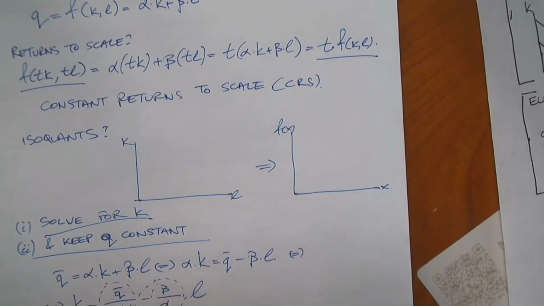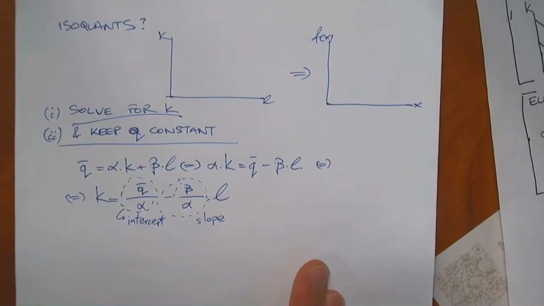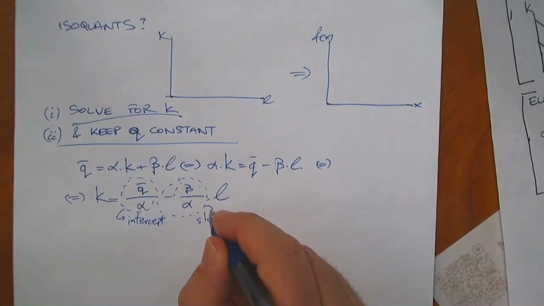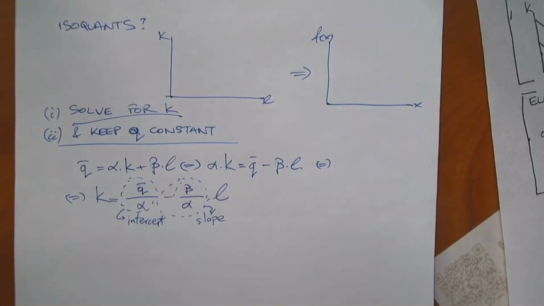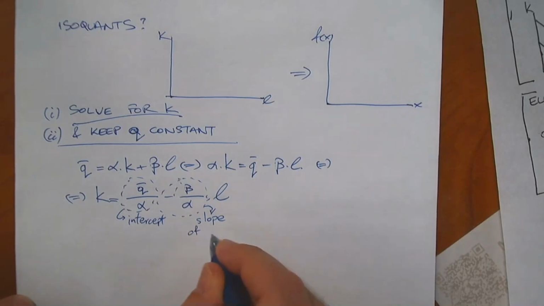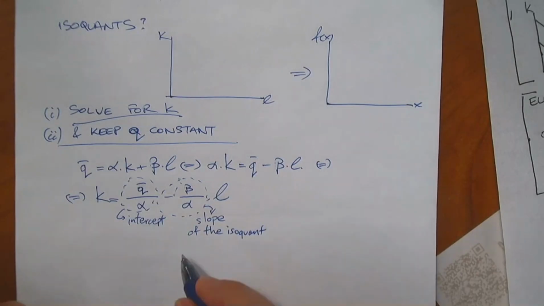So I'm going to say this is the intercept, and this is the slope. The slope is not changing, correct? So the slope of the isoquant is a constant. Once you put those down, it's going to be constant.